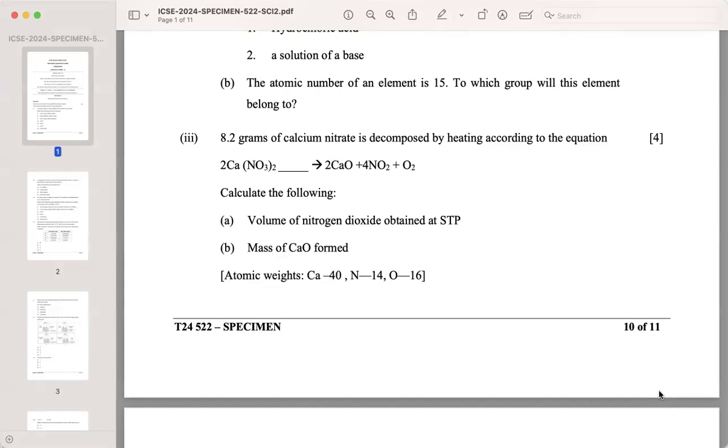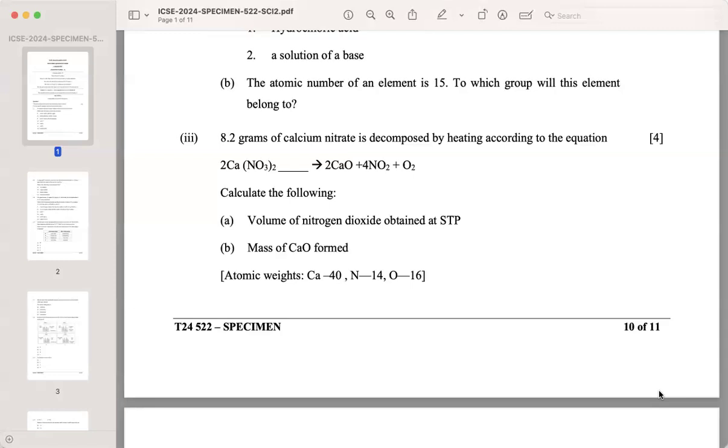So for 4, it will be 4 into 22.4 liters. So the statement will be that 328 grams of calcium nitrate gives 4 into 22.4 liters of nitrogen dioxide gas. Hence, 8.2 grams of calcium nitrate will give, you will use a unitary method. It will be 4 into 22.4 into 8.2 divided by 328 gives 2.24 liters at STP.